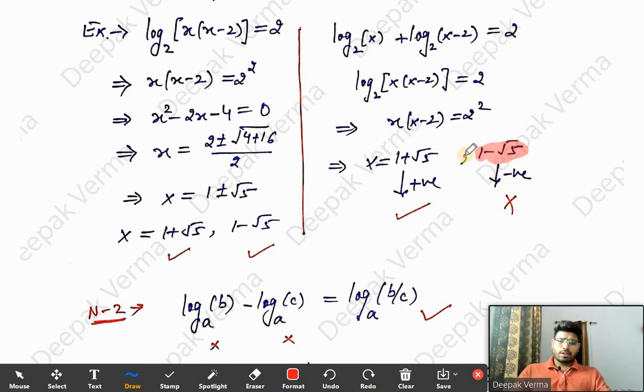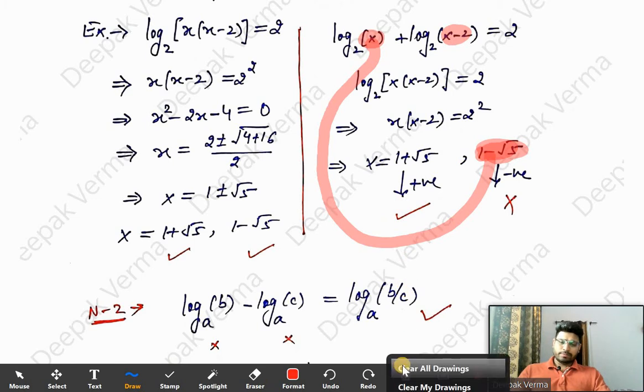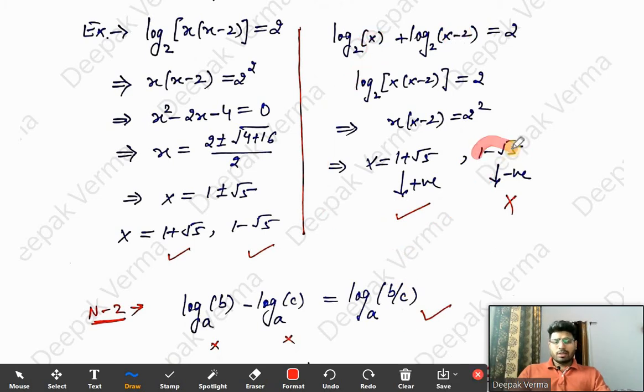You can see if we put x equal to this, it is negative, so the argument is negative, that is not defined. Got it? Argument can never be negative. This will also become negative if we put this value. Is it clear? So this time we will have to reject this value.